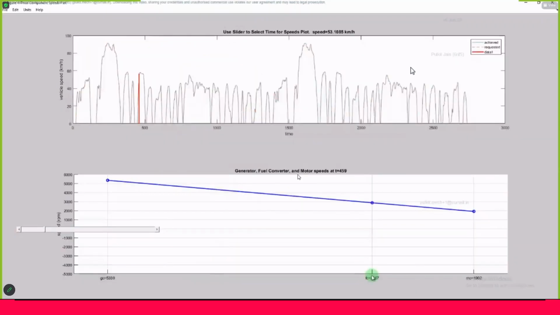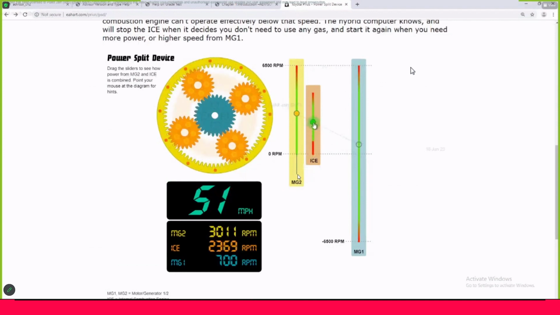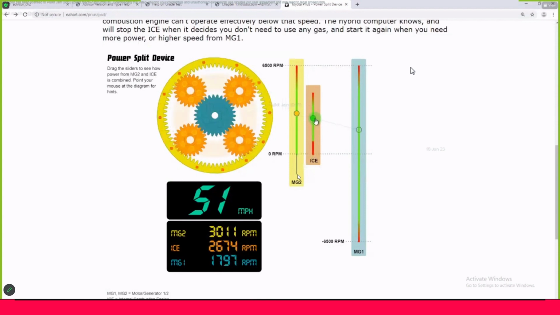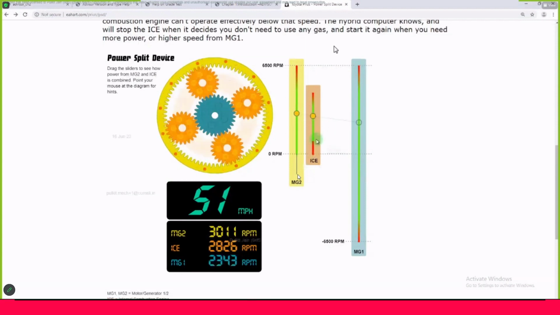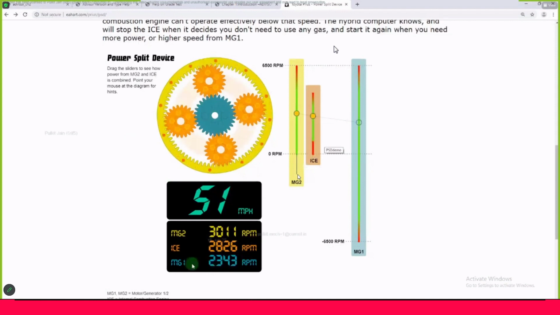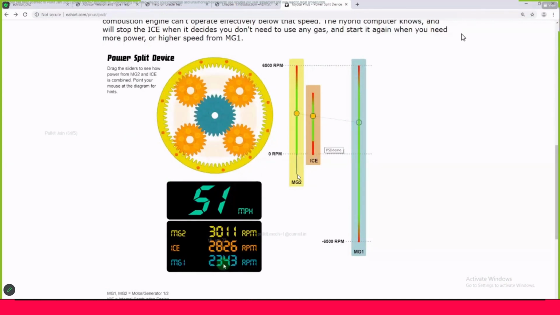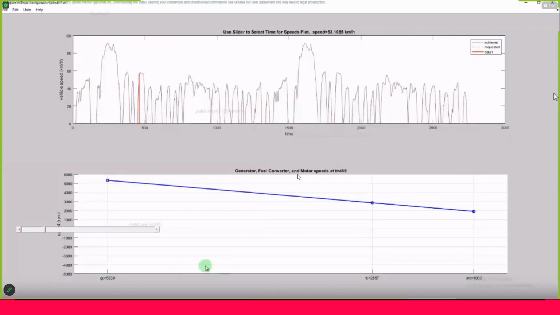So if I make the engine RPM, with this being the fuel converter or engine, to 857, then probably I will get some other value for MG1. So if I keep it to 2800, so this is nearly 2800, and this MG1 is now running at 23,000 RPM. So this is how it can be done.